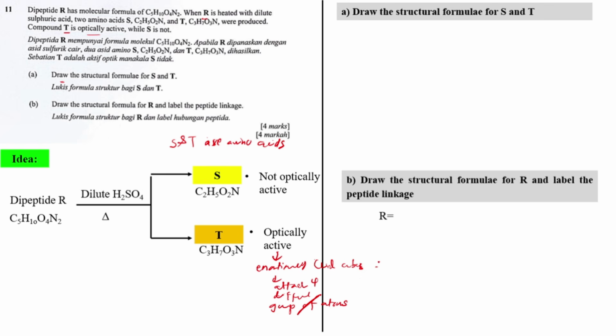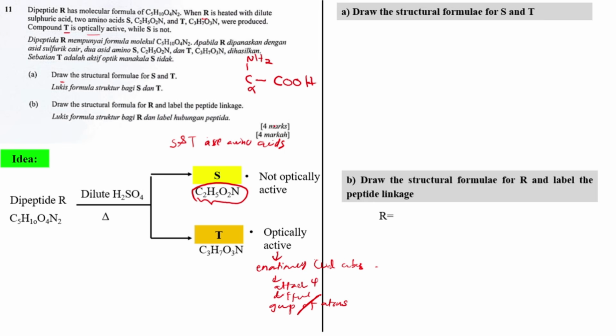In order to determine S and T, we can try to make a deduction from the molecular formula that has been given, which is C2H5O2N. So C2H5O2N will have 2 carbons. And for the alpha carbon, it will contain COOH and then NH2.